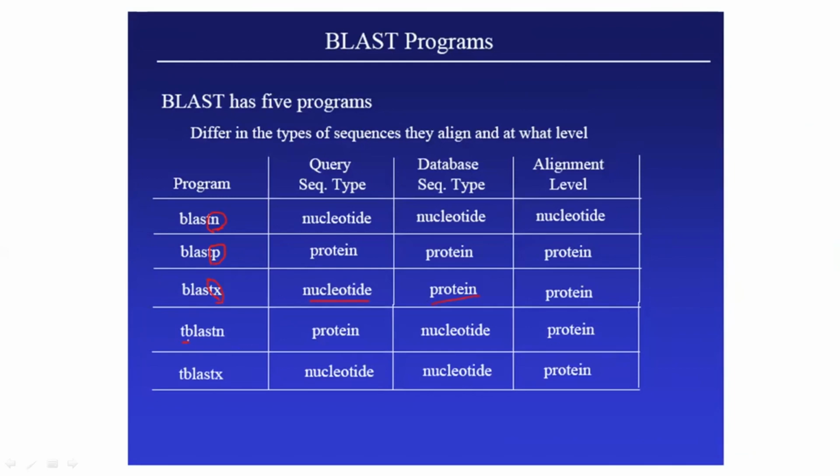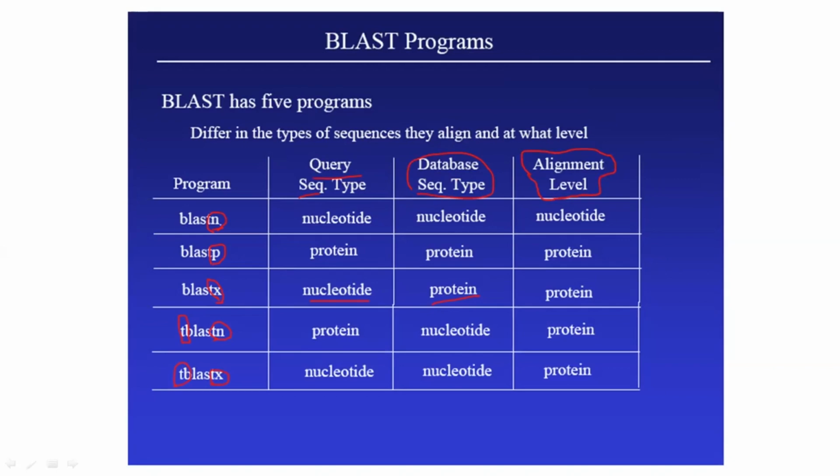TBLASTN shows the translated BLASTN, and TBLASTX shows the translated BLASTX. What's the difference between all these types? It is nothing but the query sequence, what sequence it is compared to, how they are aligned, and the alignment level of the query and the database sequence.